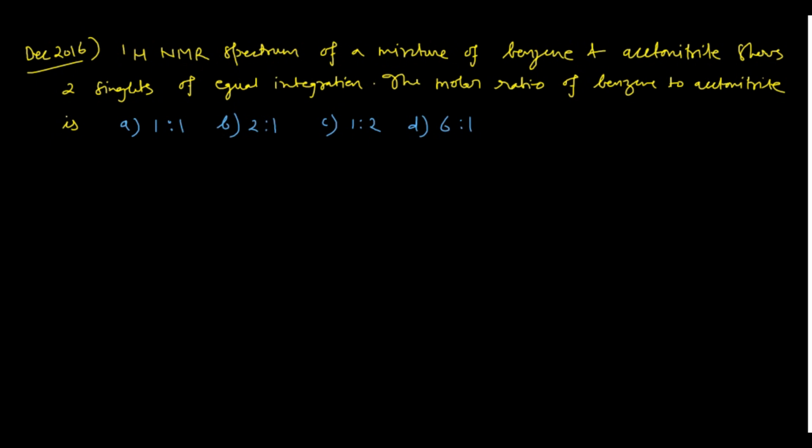This is a very easy, straightforward problem, but you should remember the formula of acetonitrile. So this is your benzene, which is C6H6, and this is your acetonitrile, which is methyl cyanide. This has 6 hydrogens and this has 3 hydrogens, so its integration would be 6 and its integration would be 3.